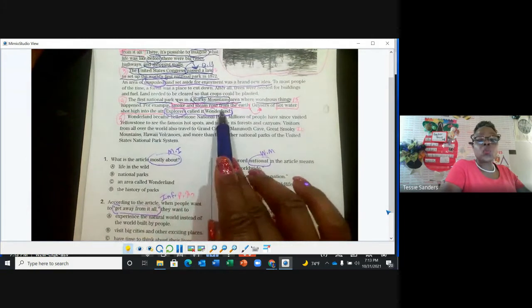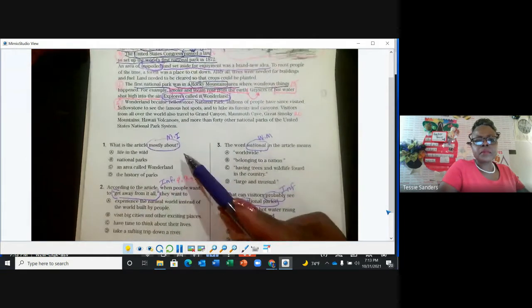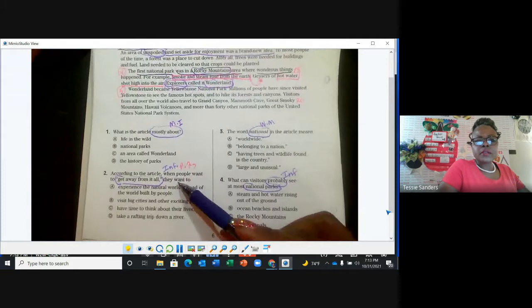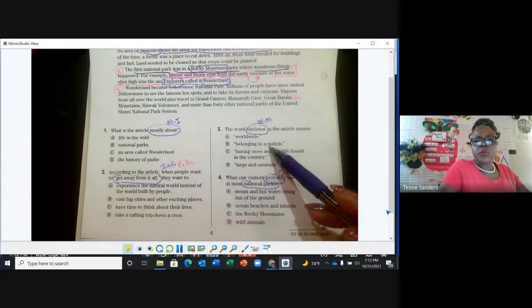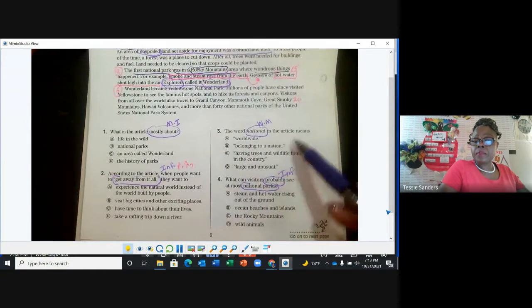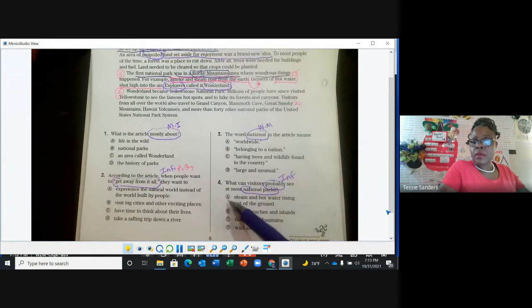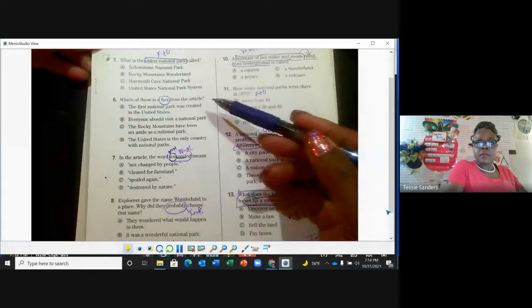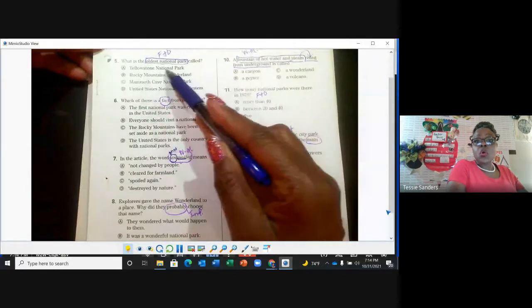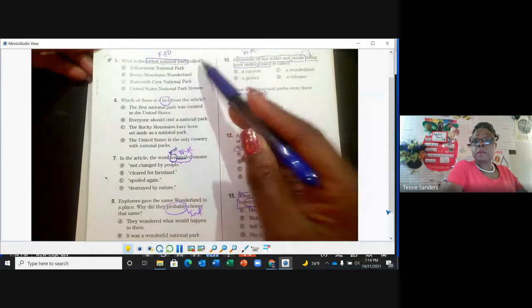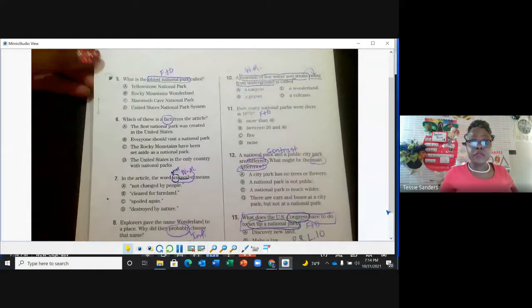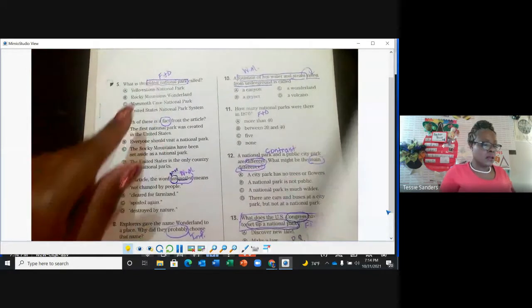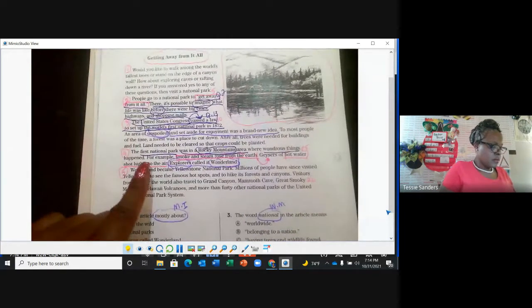Explorers called it Wonderland. What are we looking for? Hey, are you looking? What is the oldest national park called? Where did we find that? Look at our key. See?